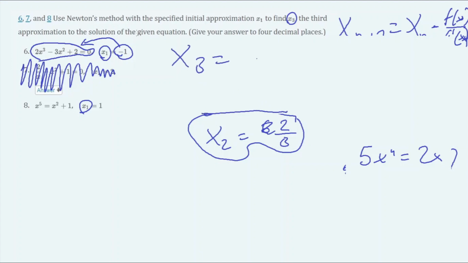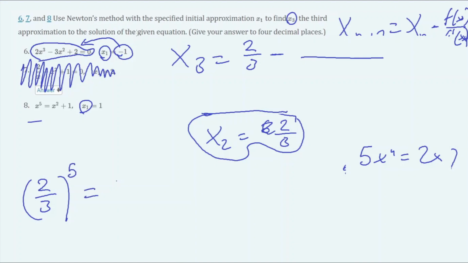So x3 is going to be x2, which is 2 over 3, minus f of x, which is going to be 2 over 3 plugged into the original function, I mean. So we have 2 over 3 to the fifth power is equal to 2 over 3 to the second power plus 1. We can actually write that out.